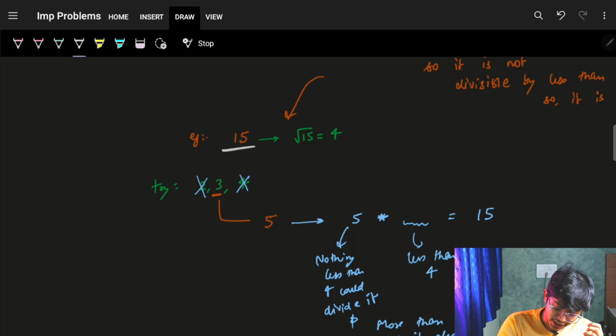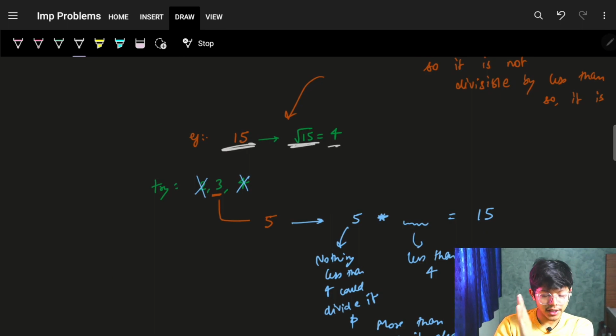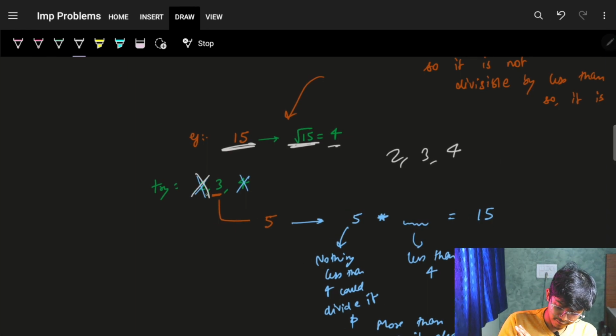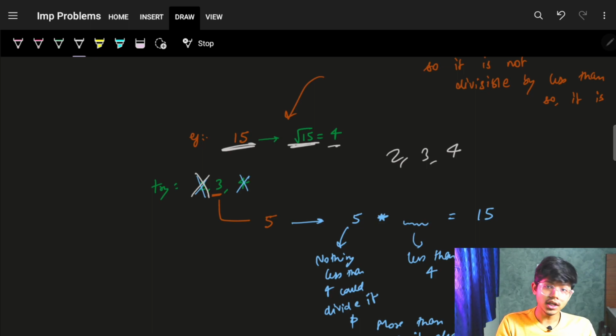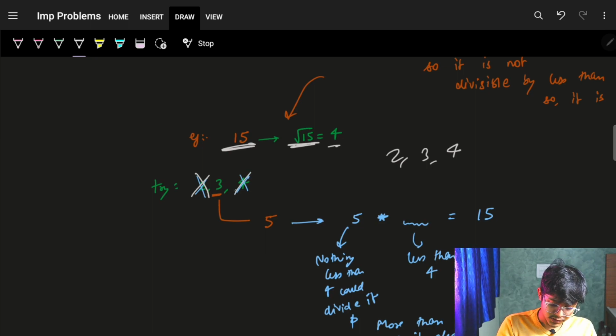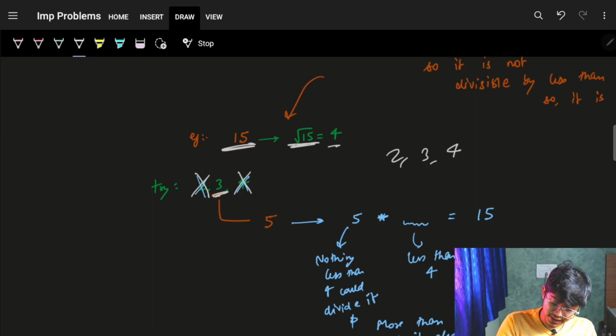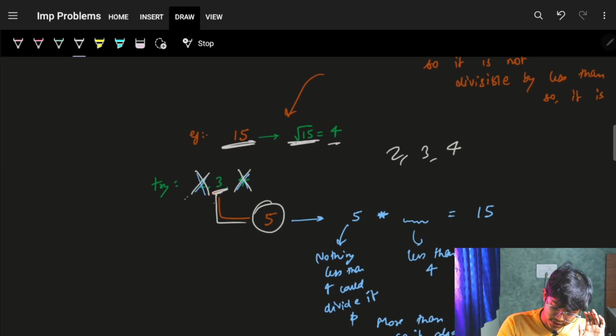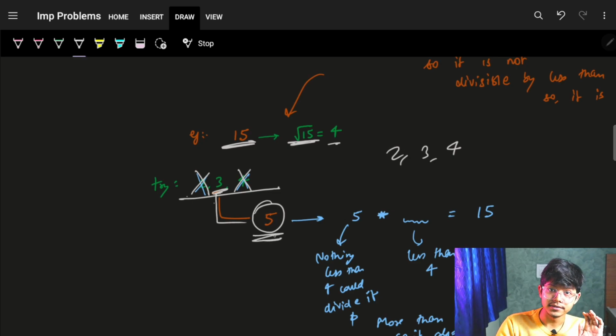For example, if we take 15, the square root of 15 is about 4, so I just keep iterating my loop from 2, 3, 4. When I'm starting at 2, it's not divisible, so 4 will also not divide, but 3 does, so I divide. Now 5 is remaining, the loop is completed, but 5 is still remaining, right?